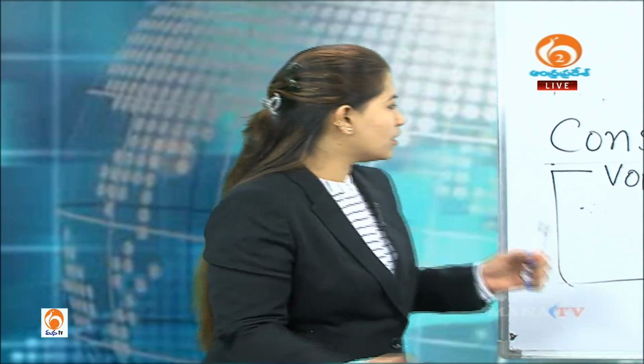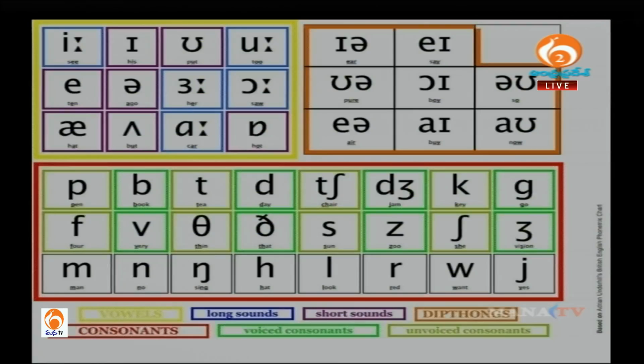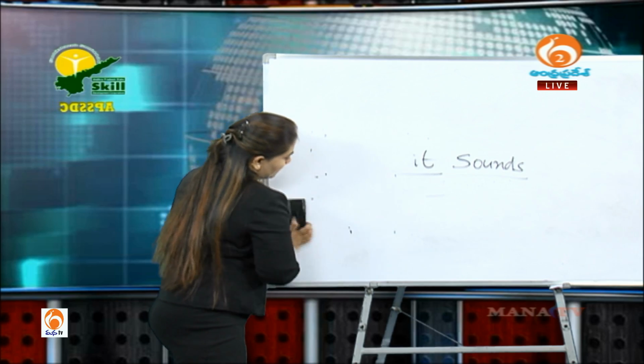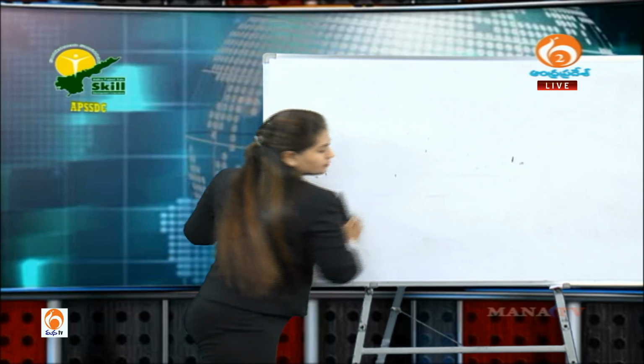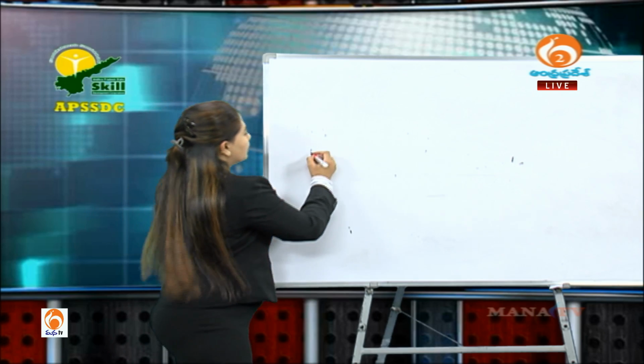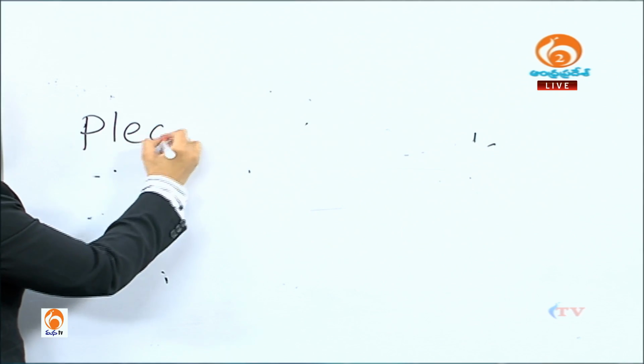Hence it is very difficult for me to enunciate this particular sound in English, because English has a lot of words which have this sound in them. So words such as, let me make a note of it: pleasure.